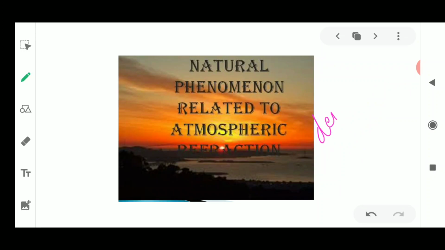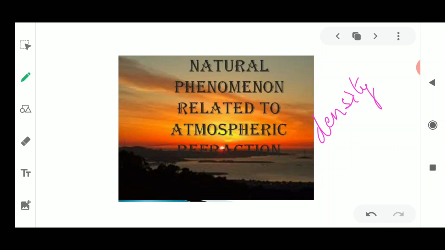Their density is different, which means the level of refraction will also be different. Whenever light travels through the different density layers of the atmosphere, it is going to be refracted.